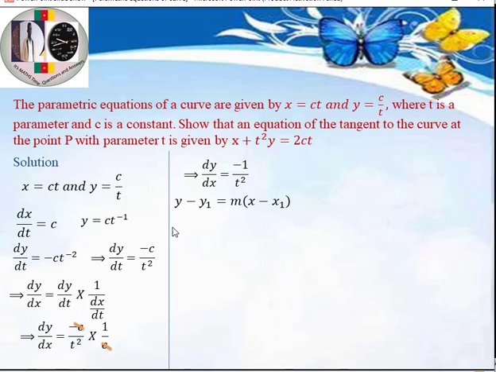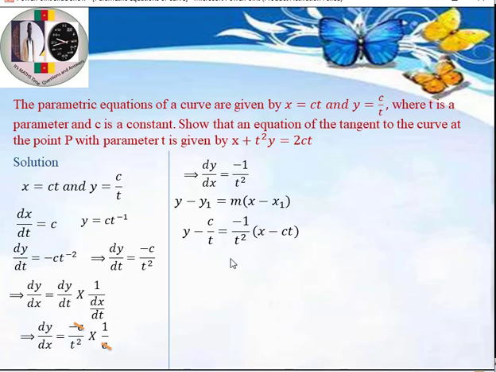So we can substitute these values: y minus c over t equals minus 1 over t squared times x minus ct.